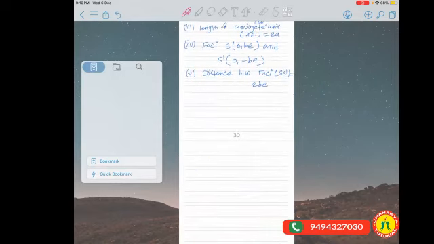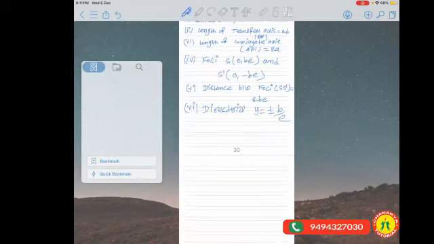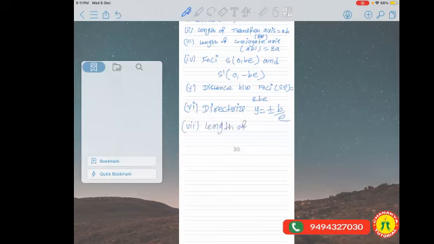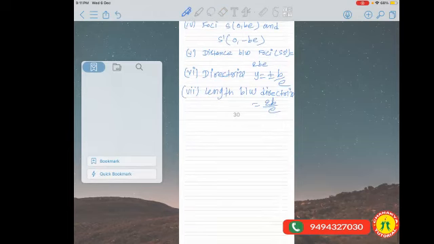So the sixth point: y is equal to plus minus b by e. The seventh point is the length between the directrices, which is 2b by e.